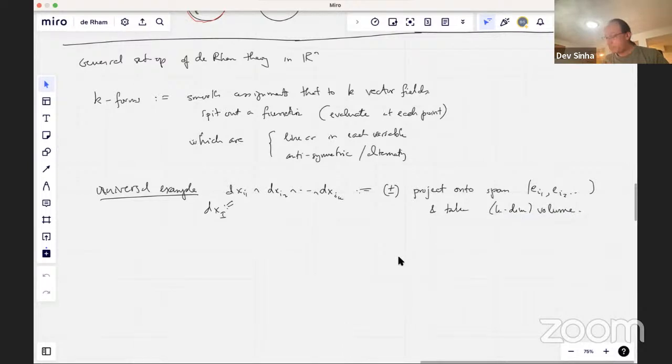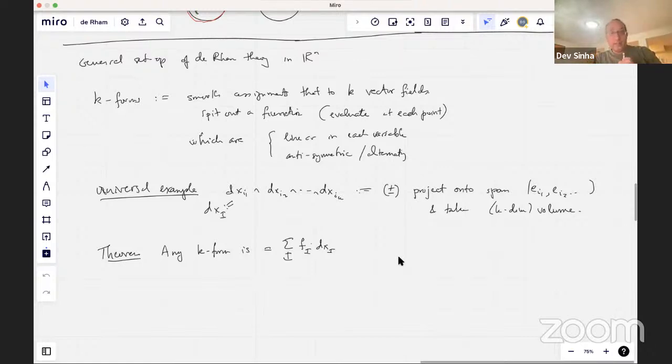Okay. And those are universal examples because the theorem is that any k-form is equal to the sum of these dx_I with, of course, scalar function multiplication, which means at every point, scalar multiplication.